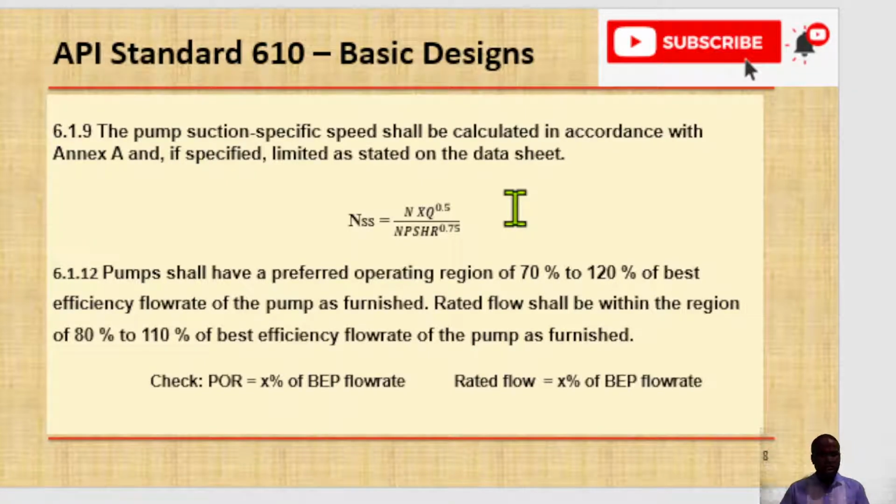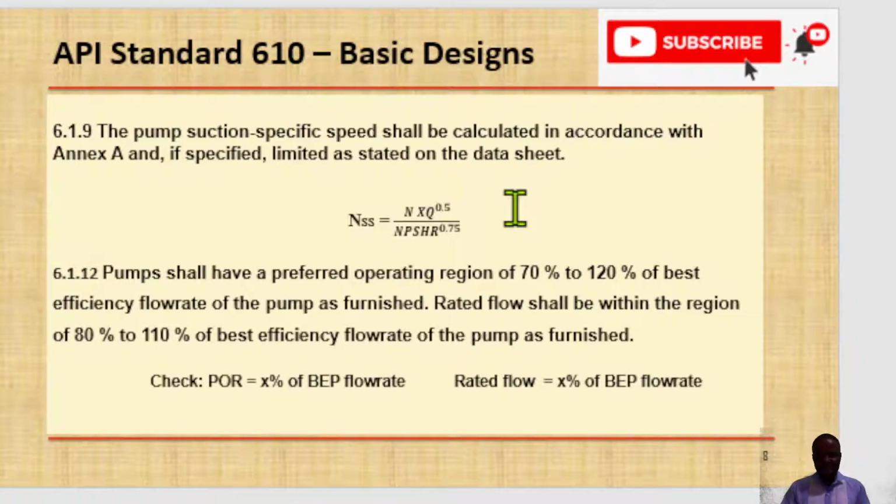High vibration is high. So that is why it is widely accepted that a pump vendor should try as much as possible to design a pump with a pump suction specific speed less than that 11,000 what?